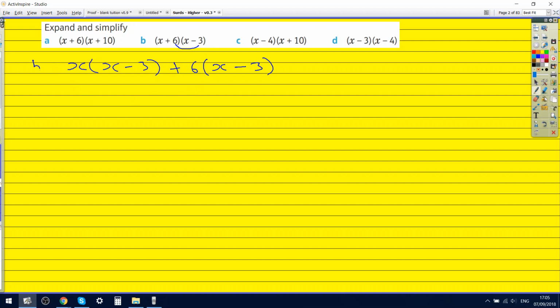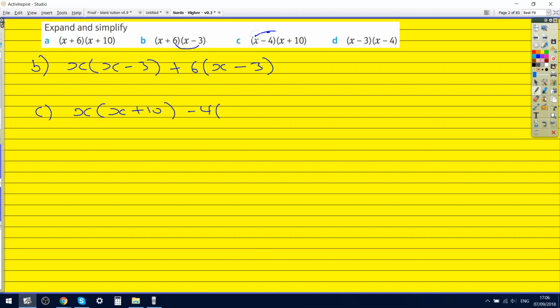What would be the first step for part C? x minus 4. No, you keep doing it. x plus 10, minus 4. And then it would be minus 4 again, would it? So what is minus 4?